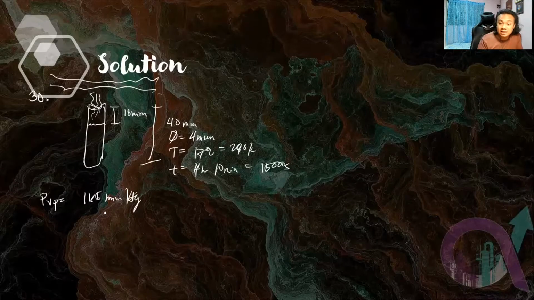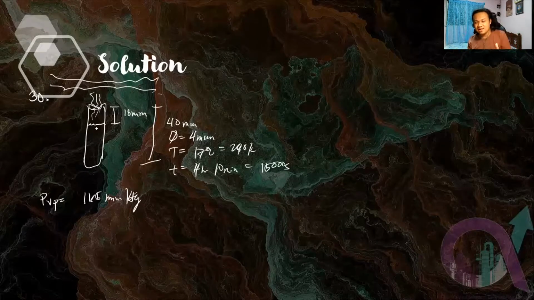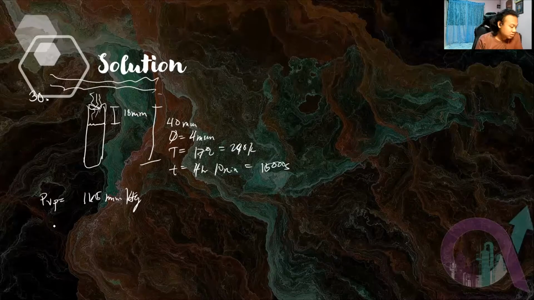We can use this later, because as you can see, the transfer here is actually unicomponent. This is what I have been hinting at in the last video, because this liquid is just diffusing to the atmosphere. The atmosphere is not diffusing to the liquid, so that's why it is unicomponent diffusion.